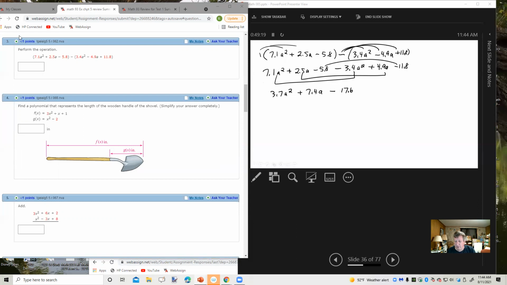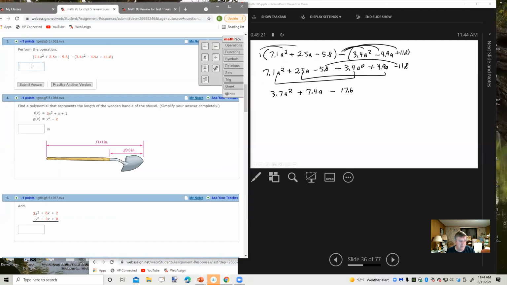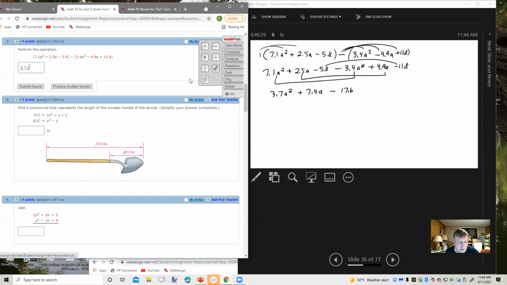So I'll put it into the Webassign screen. And we get 3.7a squared plus 7.4a minus 17.6.